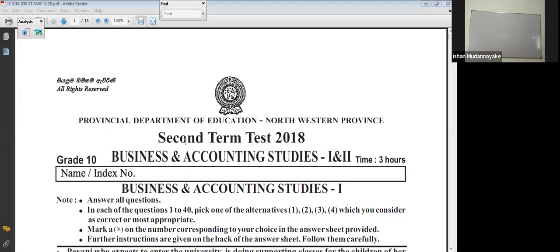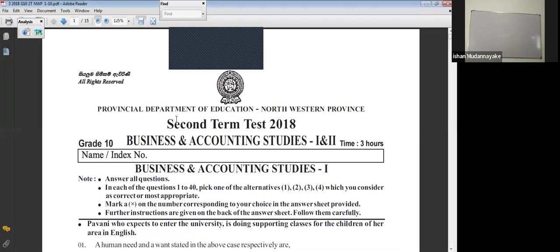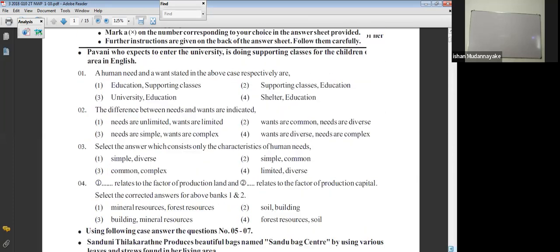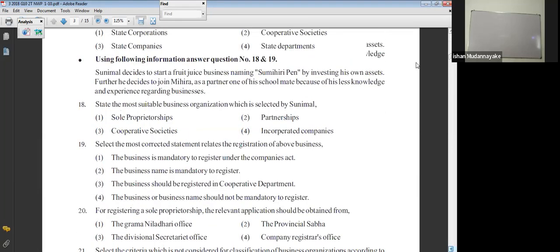Students, please go to the paper book. Paper 1 we discussed last day. Now let's discuss paper 2.